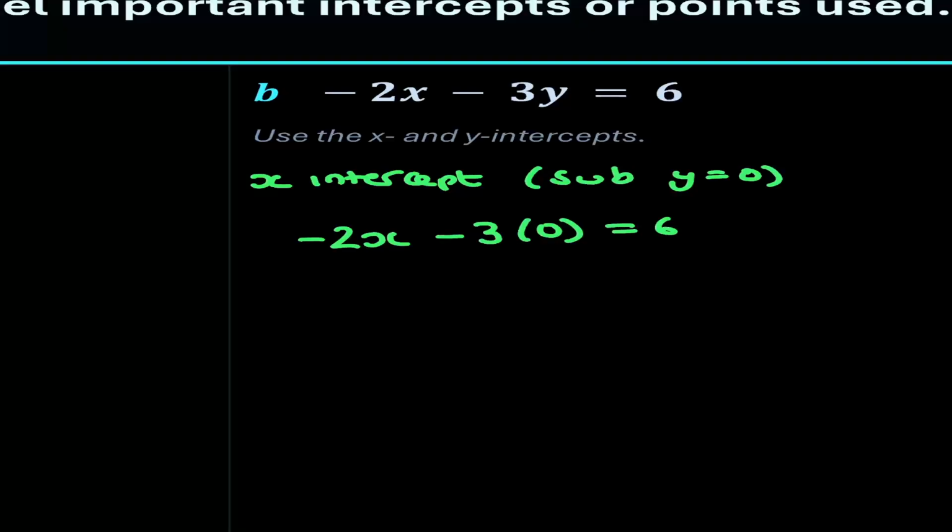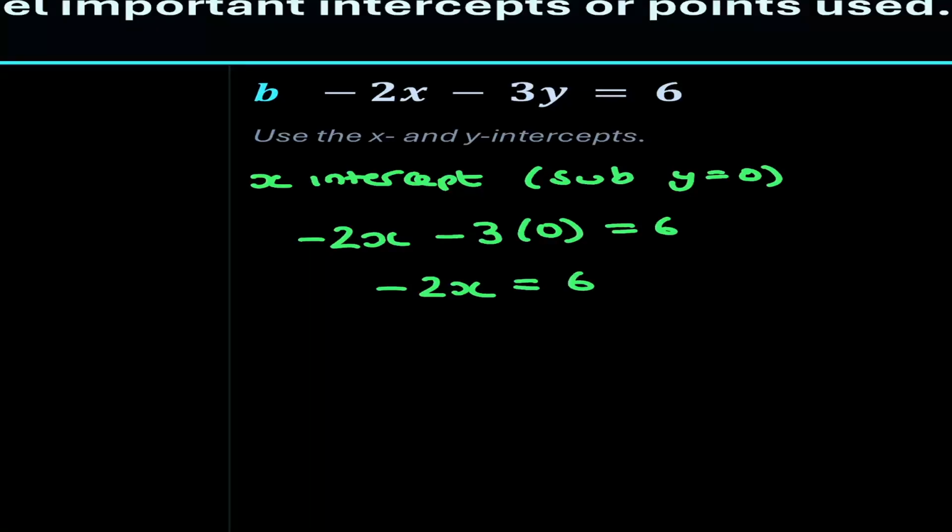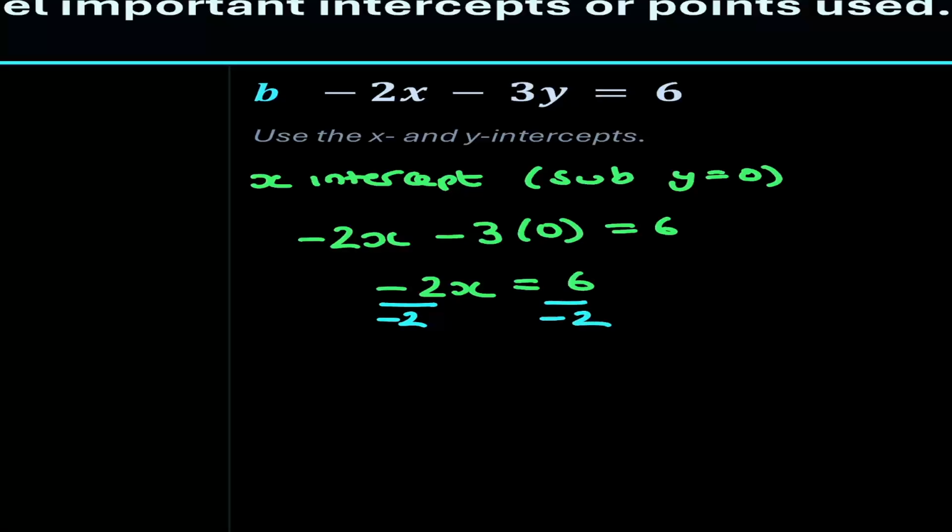So minus 3 times 0 is just 0. So you have minus 2x, take 0, which we could just write as minus 2x, and we're told that equals to 6. And we want to isolate that x, so we're going to get rid of this -2. So you're going to divide both sides by -2. So x equals to -3. So my x-intercept is (-3, 0).